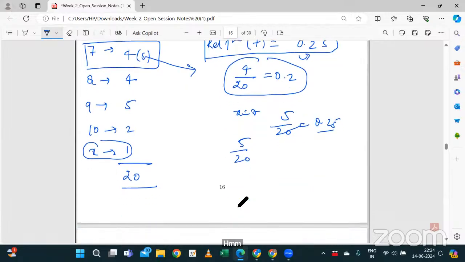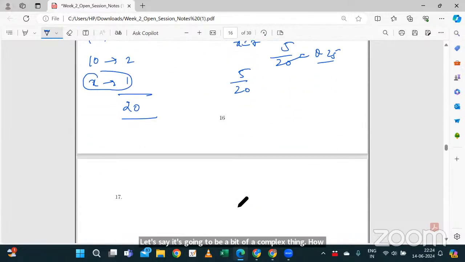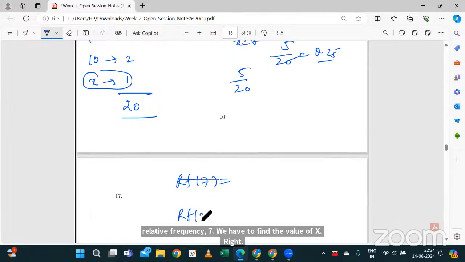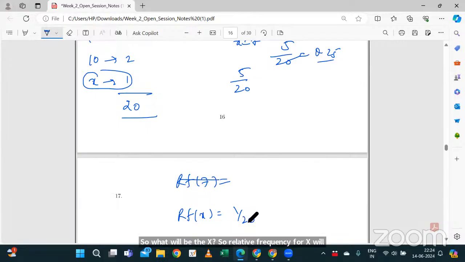So what does this X represent? The frequency. We have to find the value of X, right? So the relative frequency for X will be 1 divided by 20, which is 0.05.